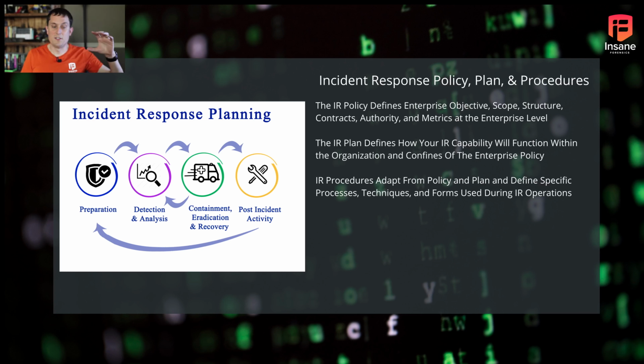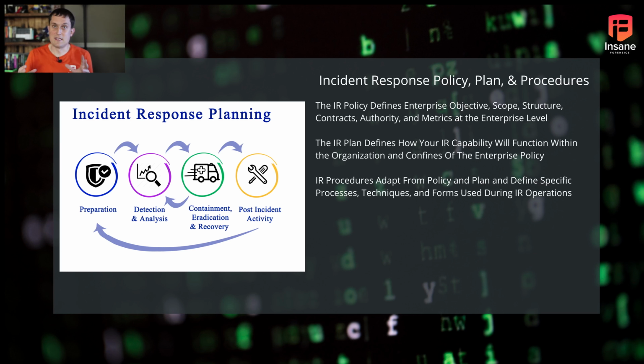It's important to have that policy because it defines what the overarching responsibilities are, what the organizations involved are, what the contracts between those organizations are, and who needs to be involved. Even organizations like legal, marketing, and public affairs. Who actually has the authority out there, right?